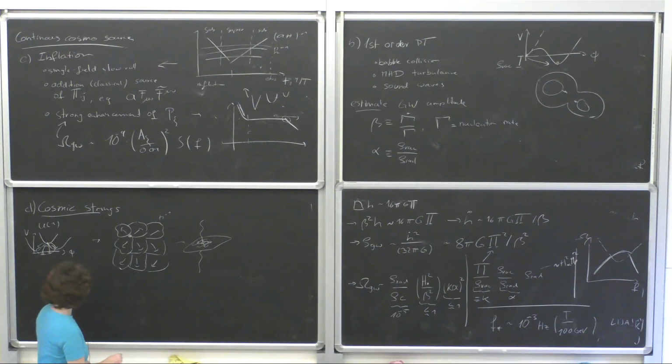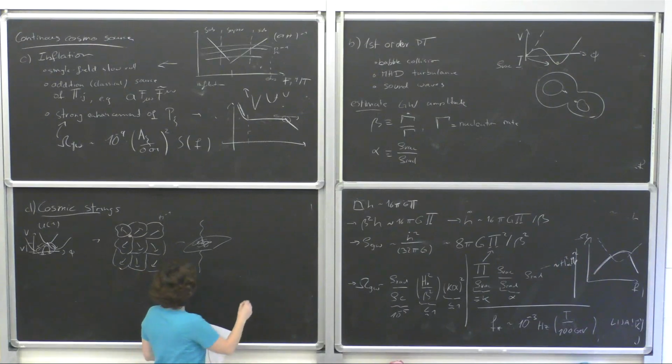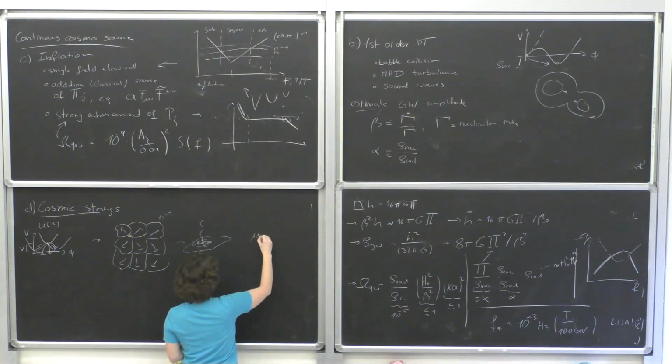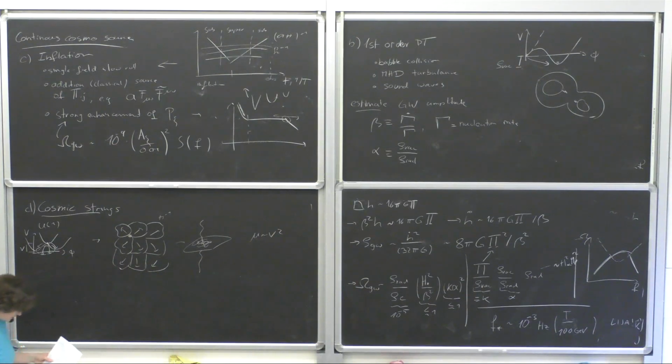So the energy density, if this is V, then the energy density per unit length of string will be V squared.